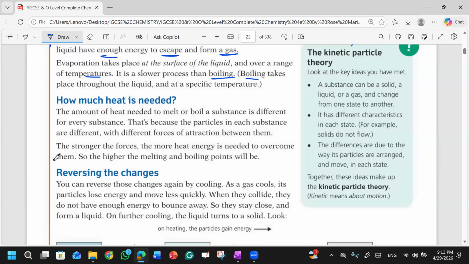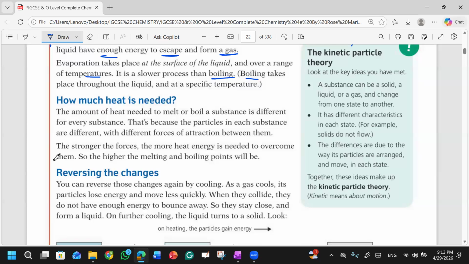How much heat is needed? If I ask you how much heat is needed in any type of chemical reaction, how will you justify this? Like I am saying, there are two different solids that need to be converted into liquid.